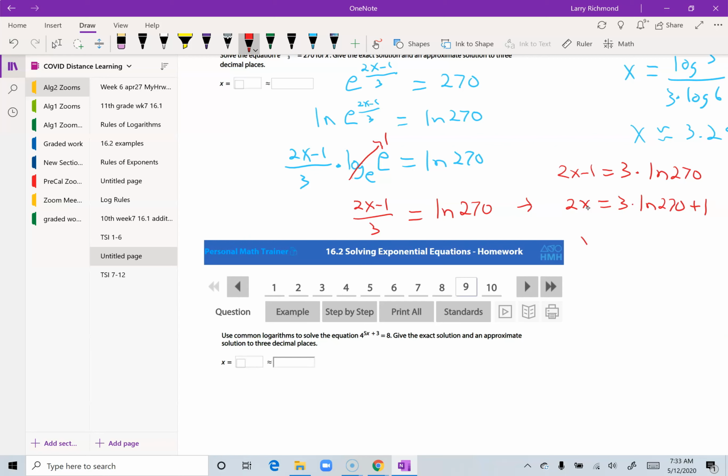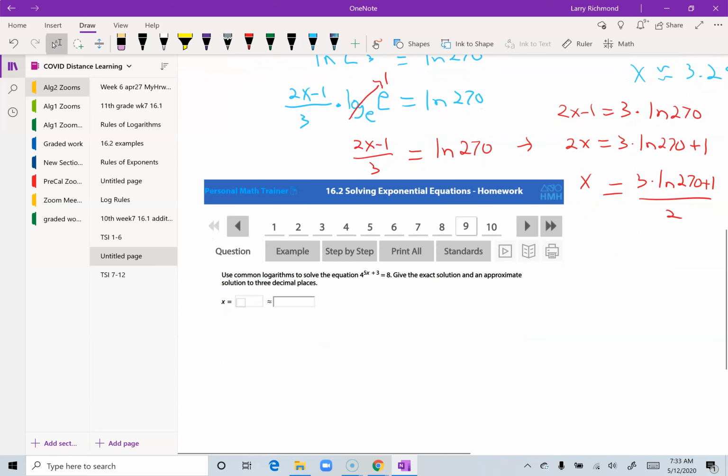And dividing by 2, x is 3 times ln of 270 plus 1 over 2. And I could break that up. This is exactly the solution. And at this point you can use your calculator to find what that number is.